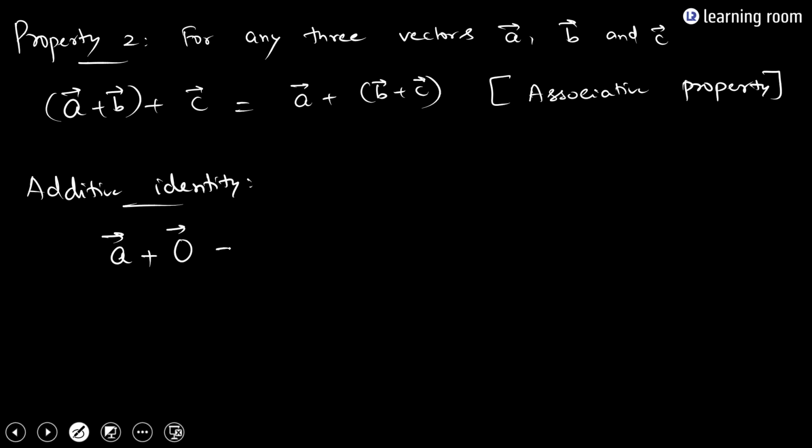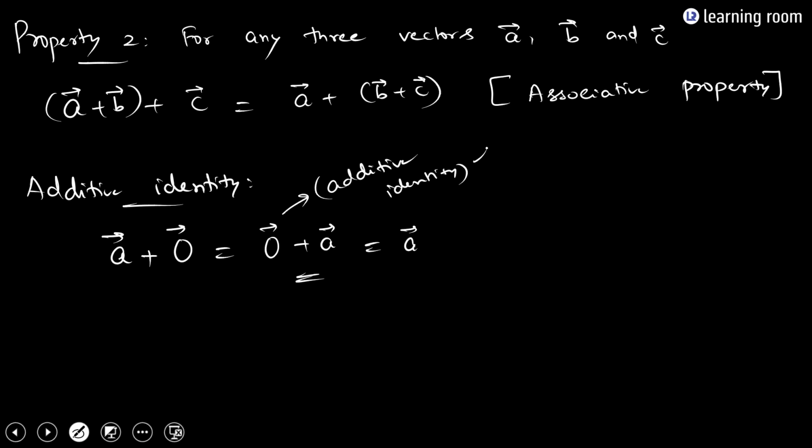So A vector plus 0 vector is the same as 0 vector plus A vector, which is the same as A vector. The 0 vector is what is called the additive identity of A vector. Clear to this stuff?